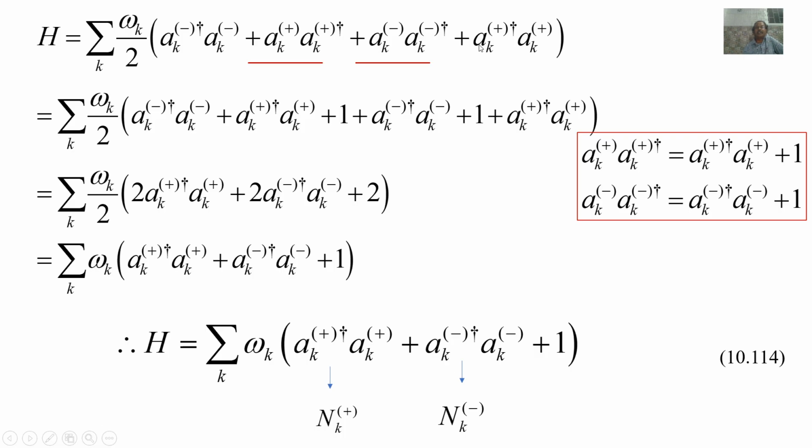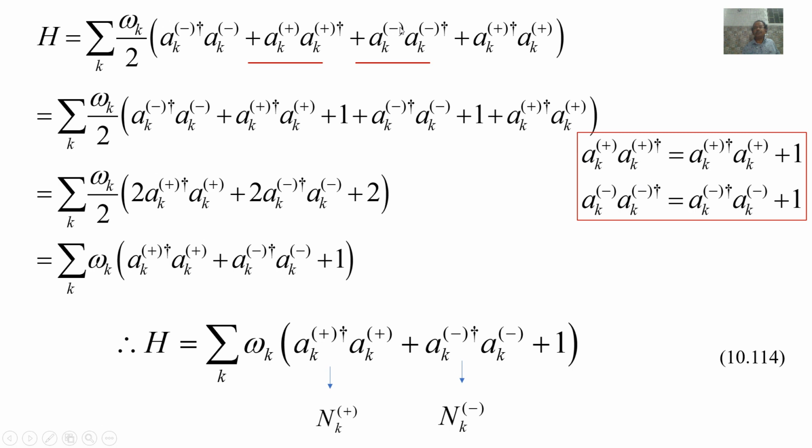See here, we just take the second term and third term. The second term and third term can be simplified. We have already known this rule, that ak plus ak plus dagger is equal to ak plus dagger ak plus plus 1. And we are going to replace this as the first term, and this as the second one.